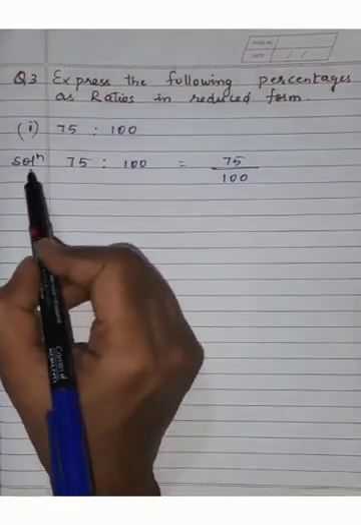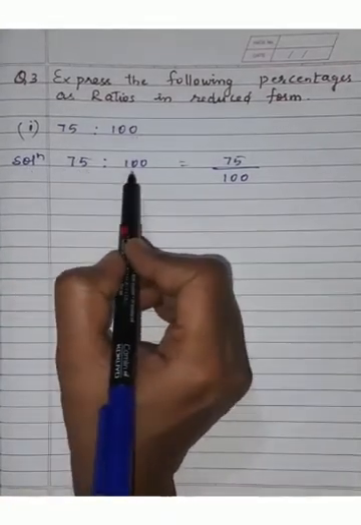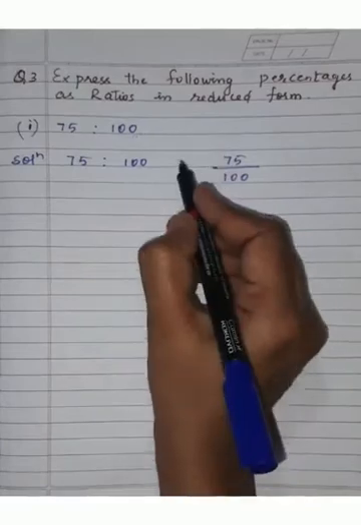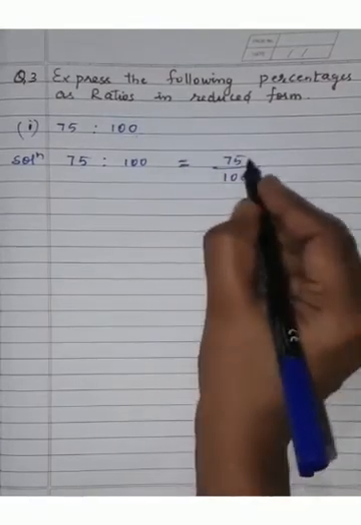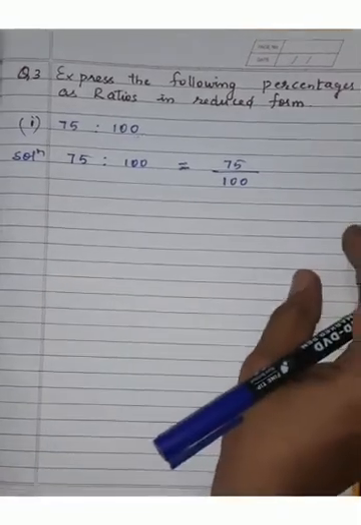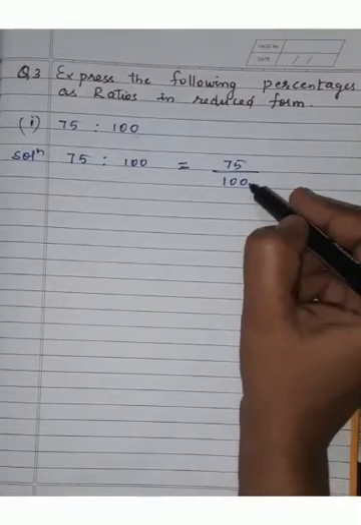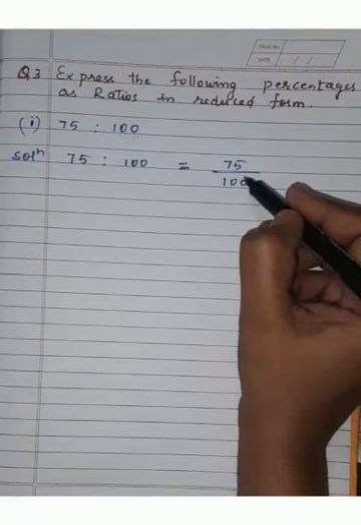Okay. So what we'll be doing, we'll be writing the solution as 75 is to 100, which is equal to 75 upon 100. So if you observe carefully, children, these two numbers 75 and 100 are divisible in which table? 25 table.